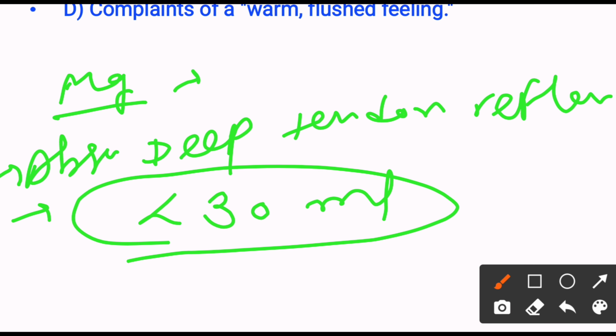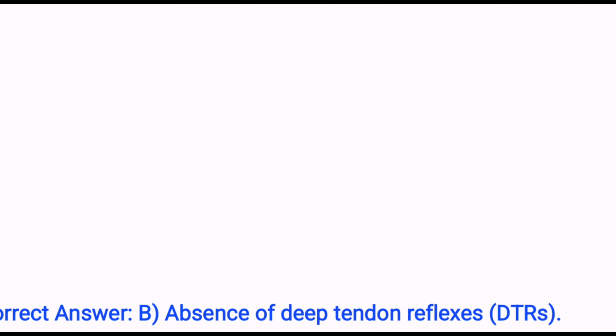When that occurs, we have to stop immediately. And when the respiratory rate is less than 10, we should definitely stop the magnesium sulfate infusion.